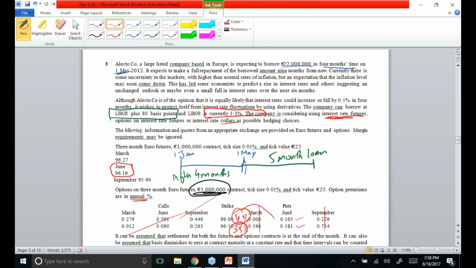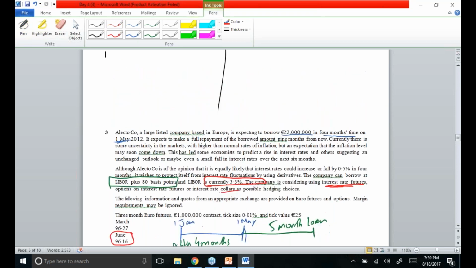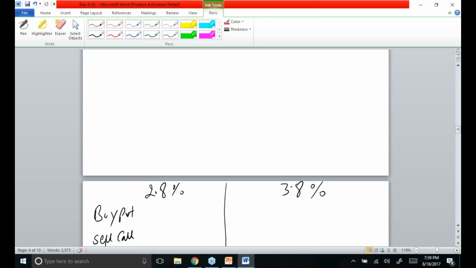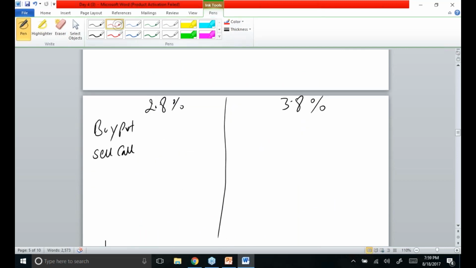So you will buy put at 4% and you will sell call at 3.5%.